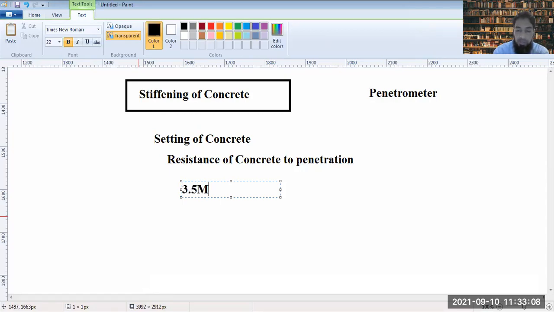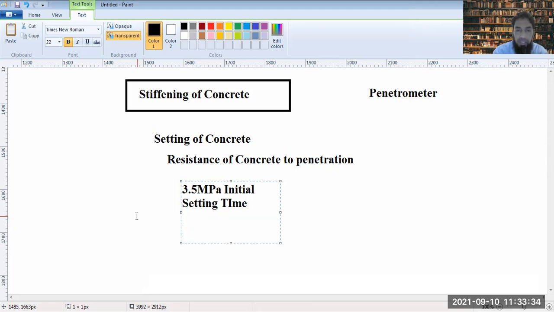It's 3.5 megapascal. We measure it in terms of the strength, the penetration that it's offering at initial setting time. If we measure through the penetrometer, at initial setting time it will offer 3.5 megapascal of resistance in terms of stresses that will develop.